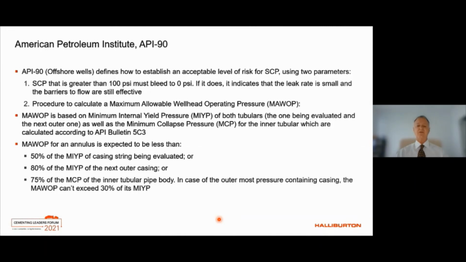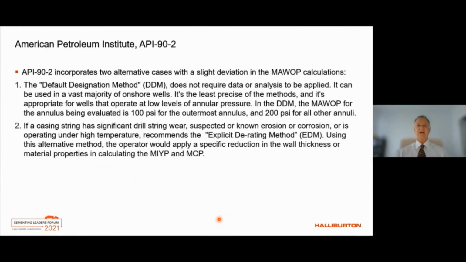In case of the outermost pressure containing casing, the maximum allowable wellhead operating pressure can't exceed 30% of its minimum internal yield pressure. The API went on and expanded Guideline 90 to Guideline 90 Part 2, and this presents two alternative calculations for sustained casing pressure.